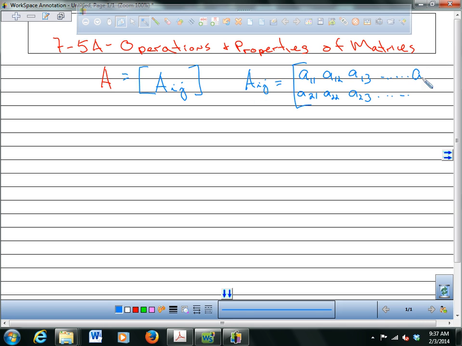So this might be A row 1, column n, okay? And then eventually you get down here to row m, column n, okay?